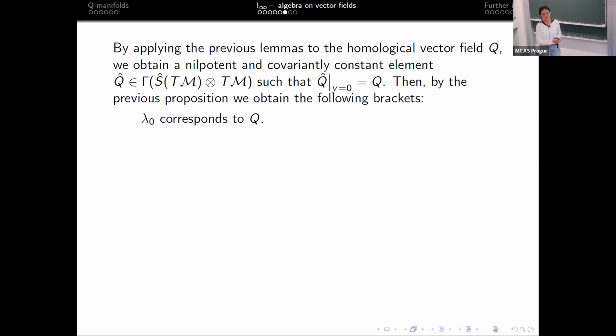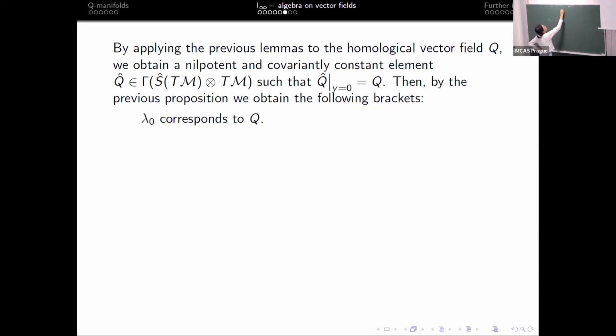I can try to write. Maybe here it's okay. So we know that if we fix the point, we have an element here, like this. This is a formal power series in y coordinates.